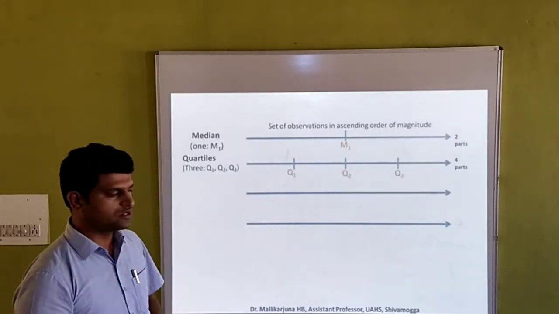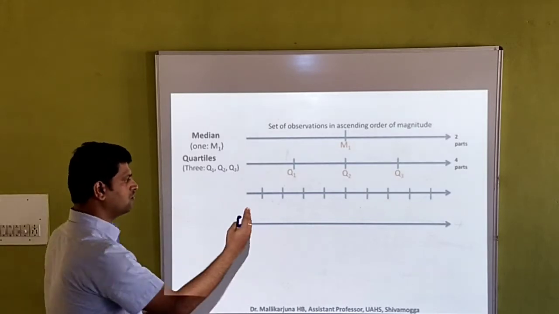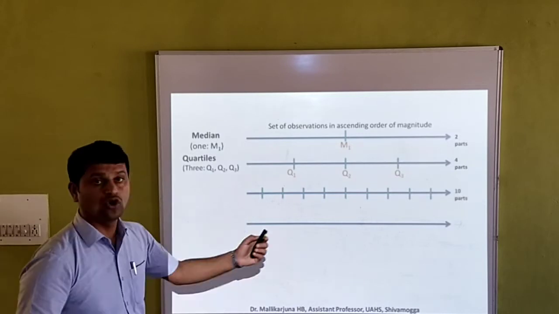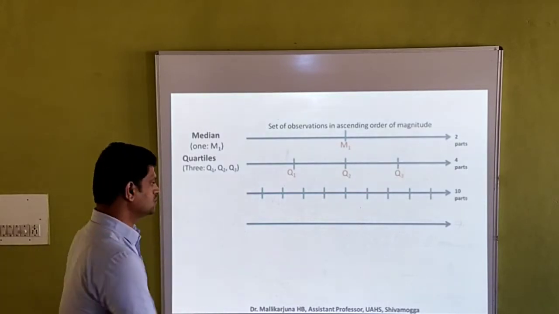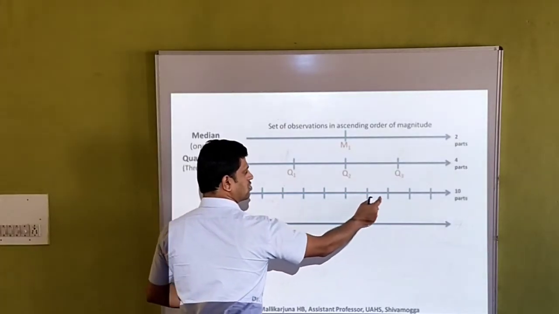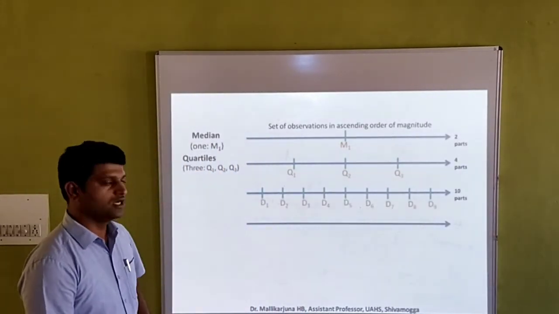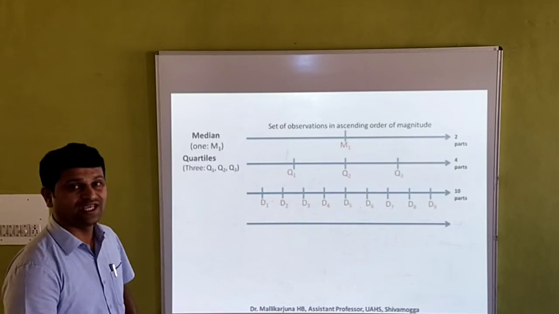For the same set of observations, I can use different values to divide the whole series into 10 equal parts. These values are 9 in number, denoted by D1, D2, D3, D4 up to D9.